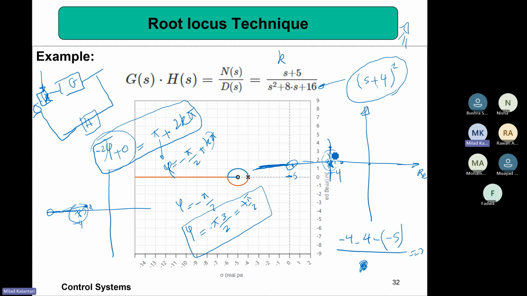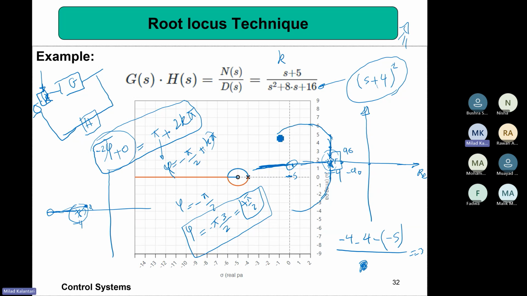So what we know so far is there are two poles here. The left-hand side is nothing, but we know the poles will exit with these angles, right? 90 degrees, -90 degrees. And then what we expect to happen is this pole is supposed to go to the zero at the end, right?